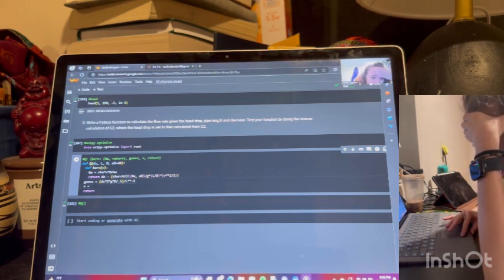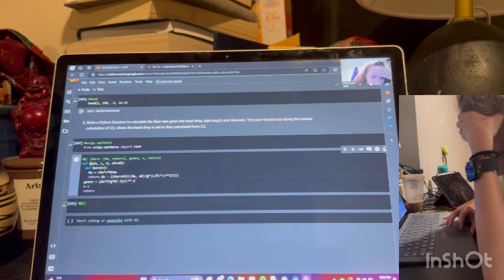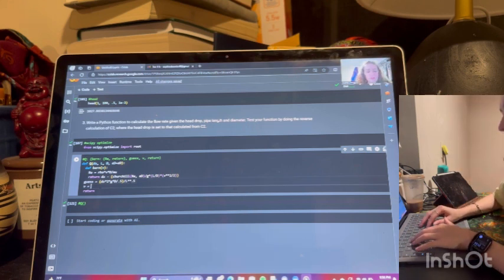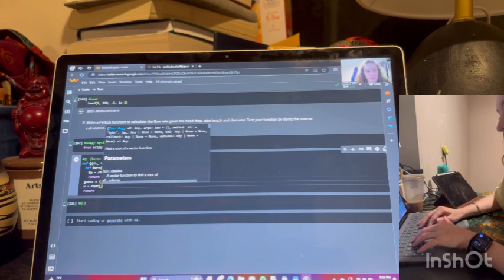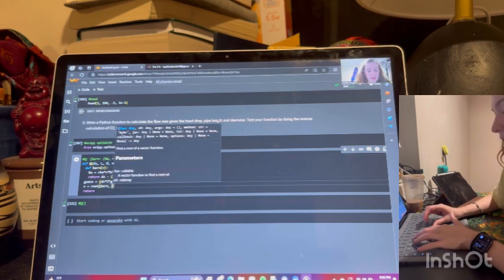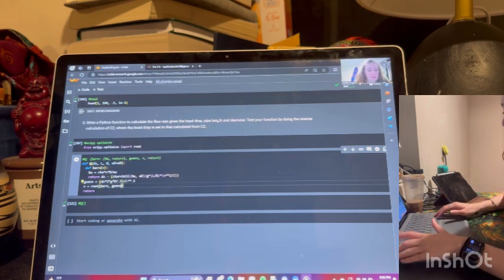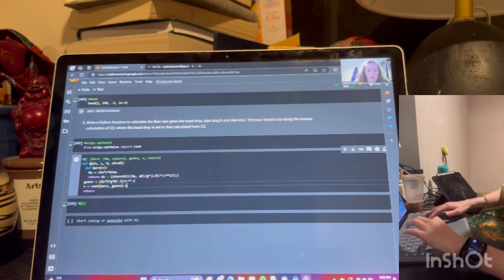And then our V is going to be the root of Bernoulli and our guess dot x.